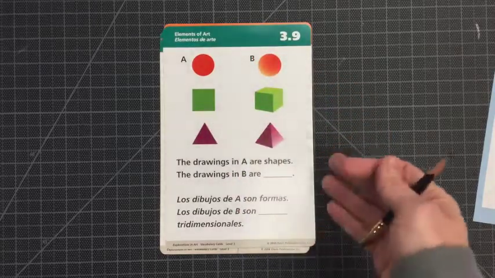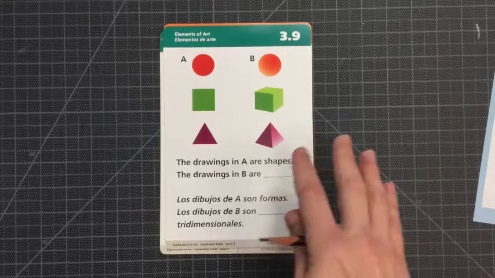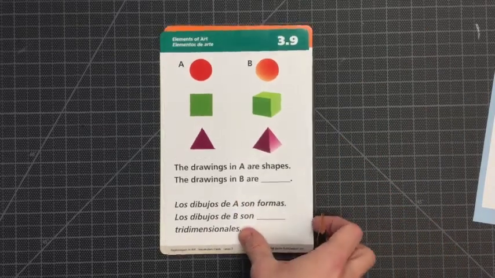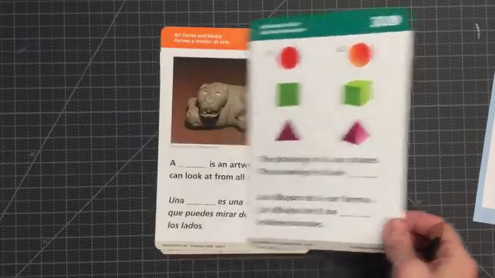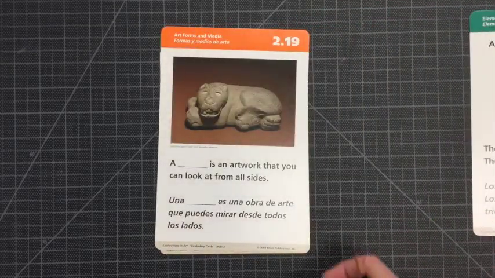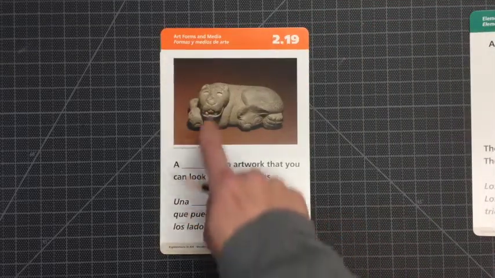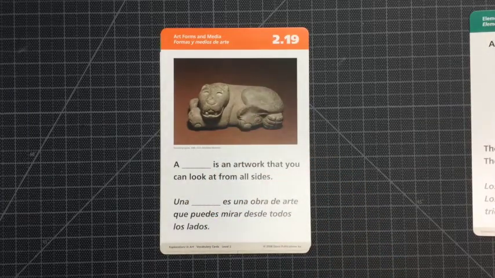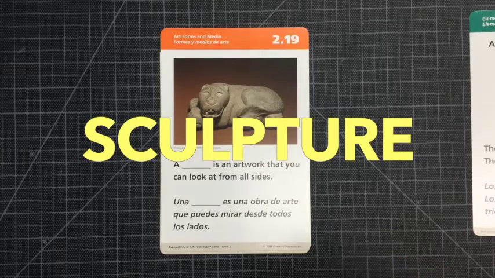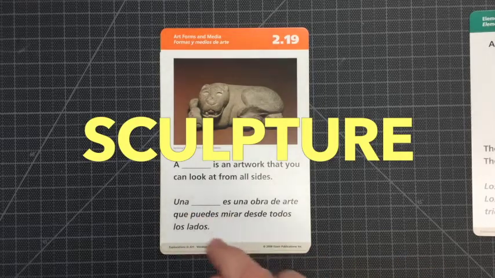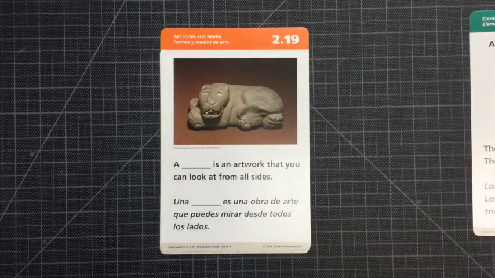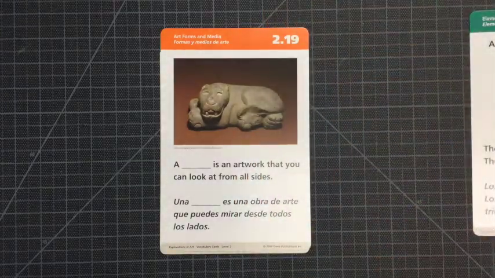But again, the 3D forms are not flat, they are fat. That means they take up space in the room. If you make artwork that has three dimensions, it could be called a sculpture. Sculpture is artwork that you can look at from the front and the side, and even from the back or the bottom or the top.